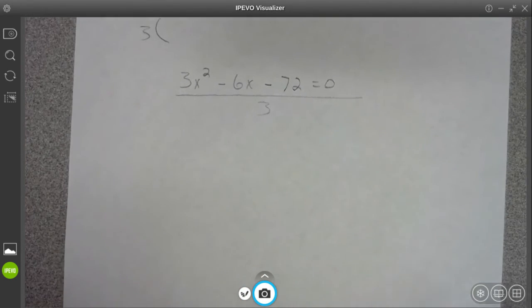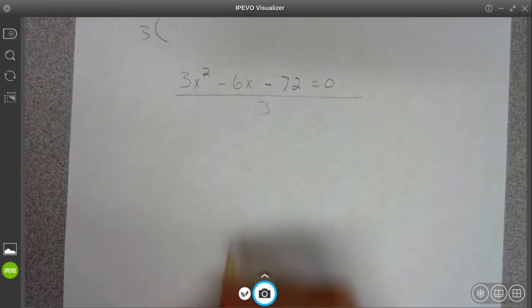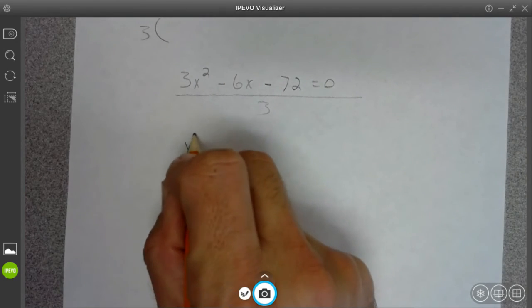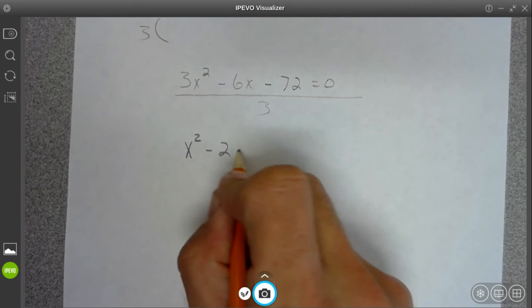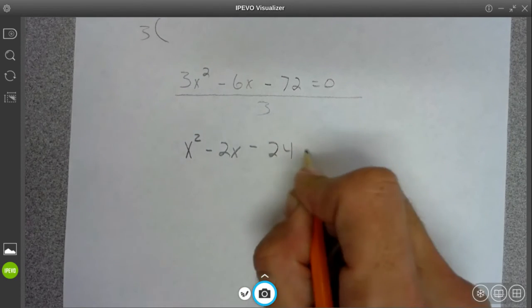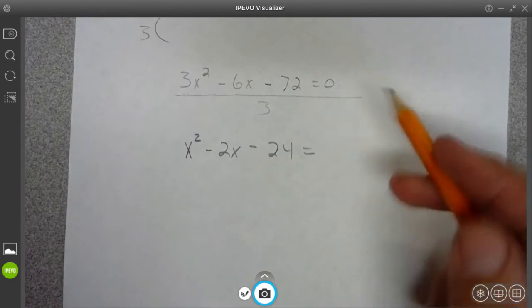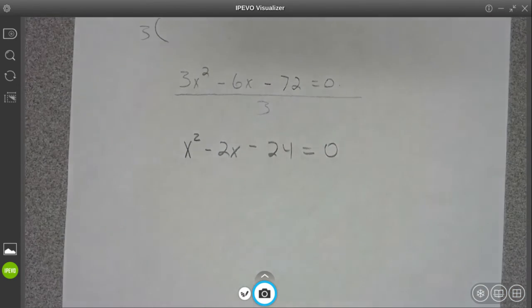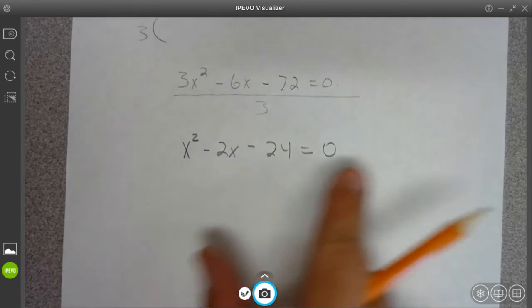Divide the left side by 3 and divide the right side by 3, and you're still going to have an equivalent statement. 72 divided by 3 is 24, and 0 divided by 3 is still 0. Because we're not just factoring, we're actually solving an equation, we can just forget the 3.